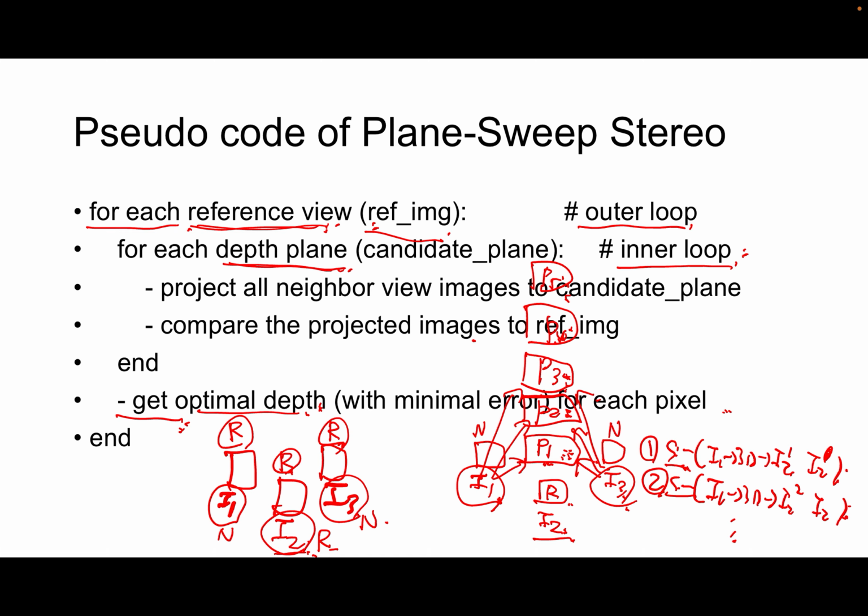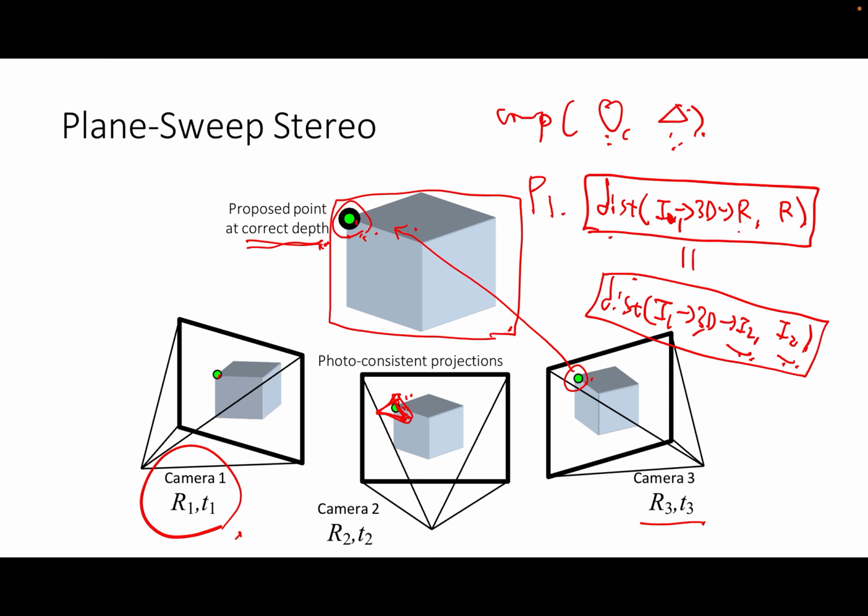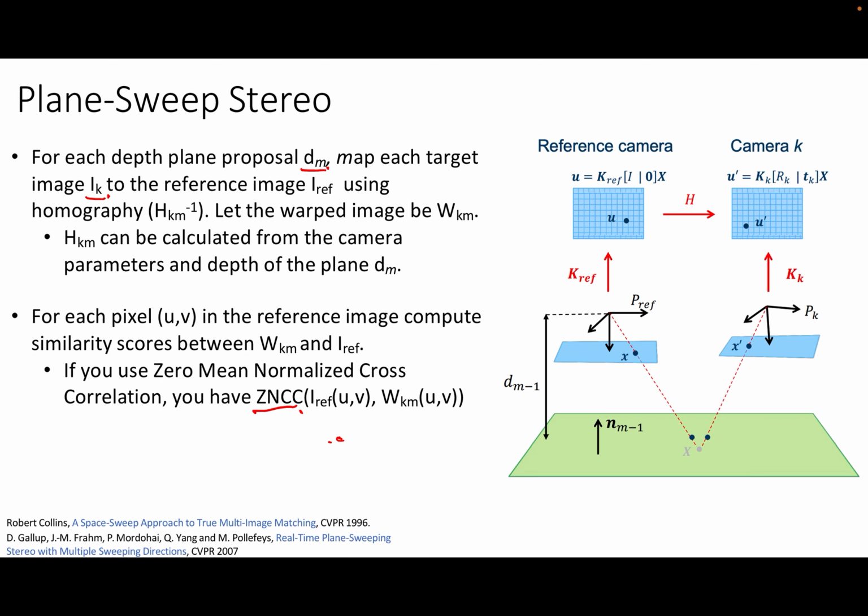For each reference image, we pick a single reference image, and then for each depth plane, we construct this kind of P1, P2, P3 virtual plane, and then we project all neighbor view images to the candidate plane, and then compare the projected image to the reference image. This ZNCC shows this kind of process.